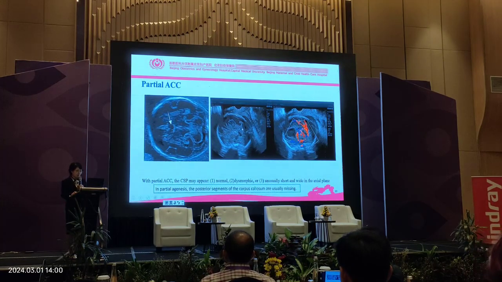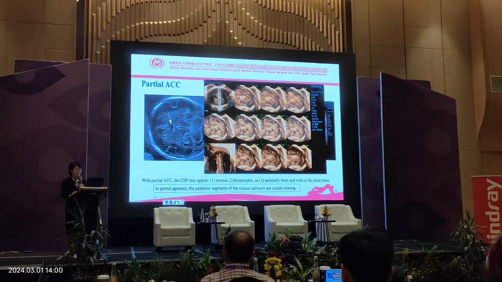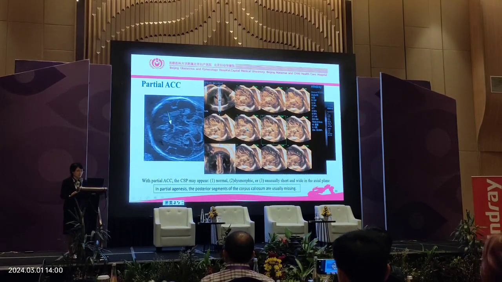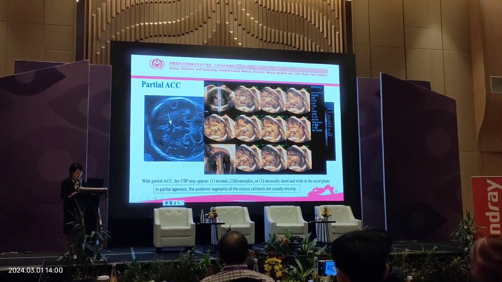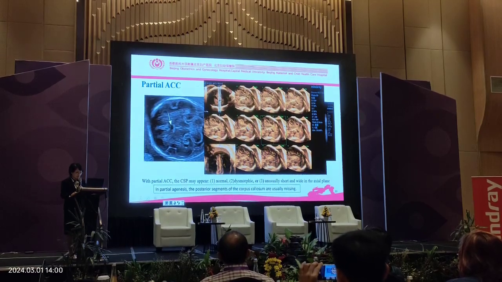The posterior segment of the corpus callosum is usually missing, so just a short one. It's a partial ACC. The image is very clear to show it's a short corpus callosum here, very short and missing the posterior segment.